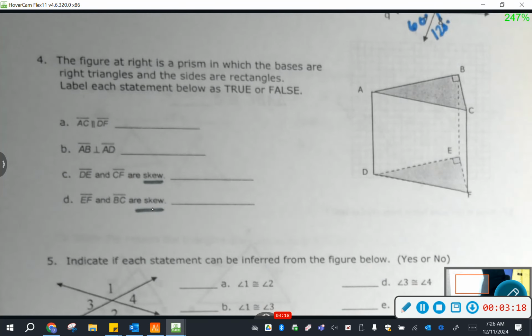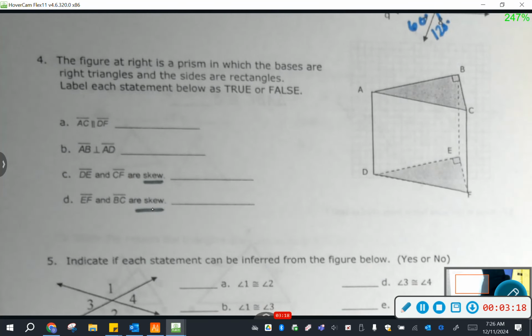Those are skew. So, skew lines, write this down: never touch, never intersect, and they go different directions. If they went the same directions, they would be parallel, and they never touch. Skew lines never touch and go different directions.